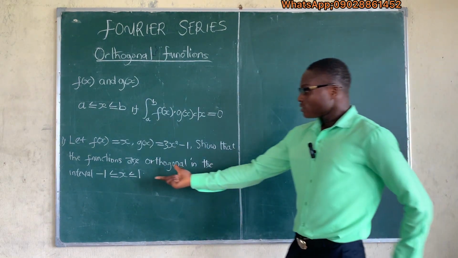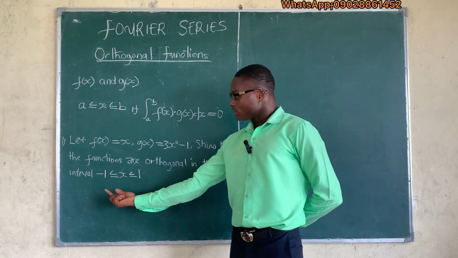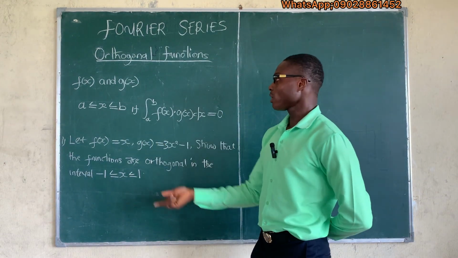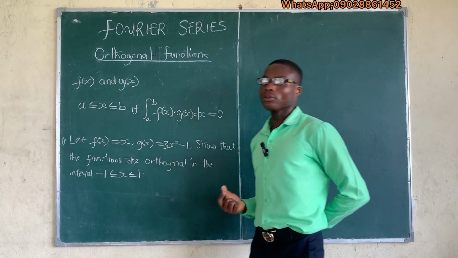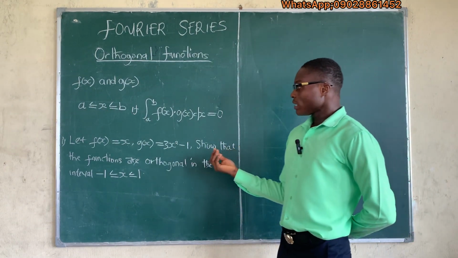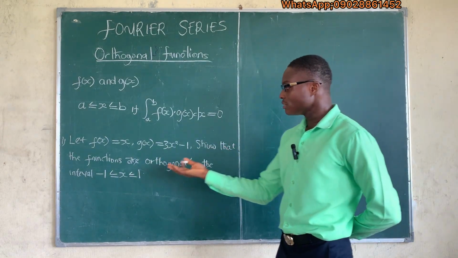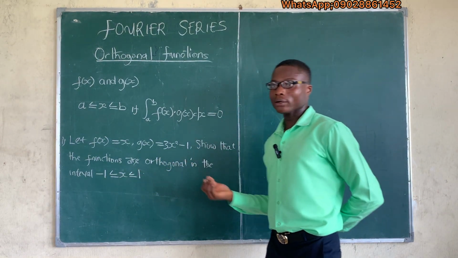So the interval is just telling us that we have to integrate from minus 1 to 1, just like this interval here. We have to integrate from a to b. So let's go ahead and see if this will give us 0 on integrating from minus 1 to 1.